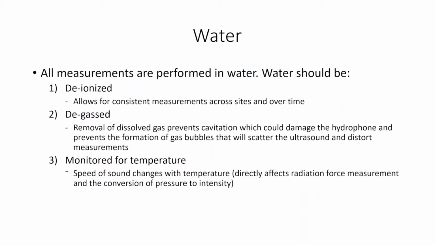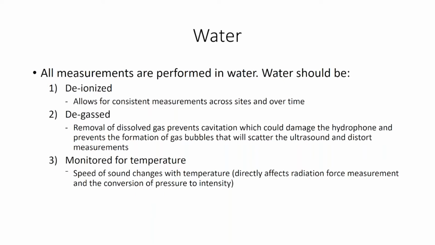Okay, as I mentioned, the measurements are all made in a tank of clean room temperature water. The water should be deionized primarily for purity purposes so that results can be repeated across sites and over time.